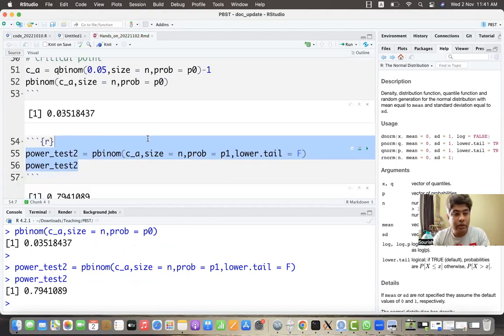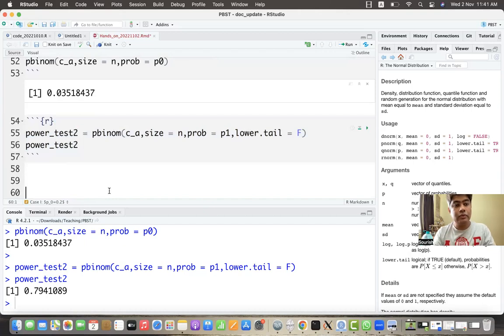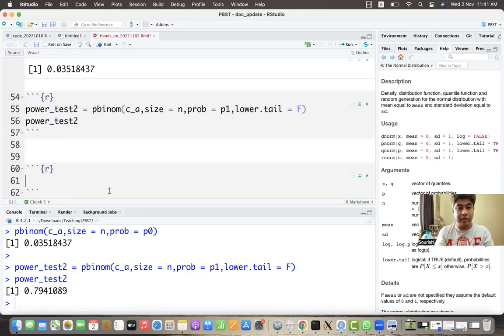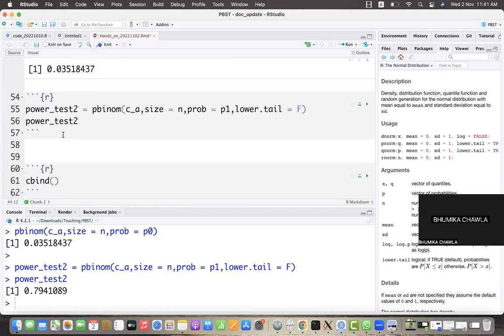Okay. So now, quite dramatic actually, C bind. I hope I'm not making any mistake. So you calculated the probability of failing to reject.